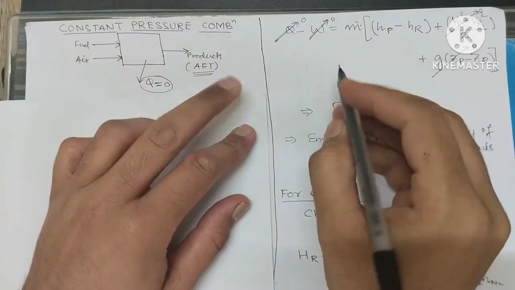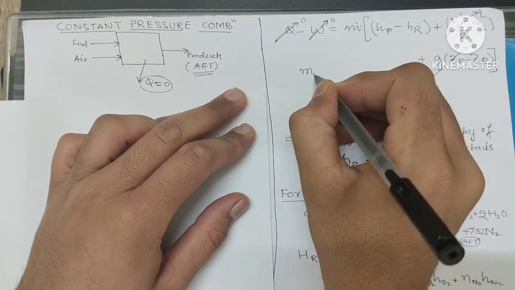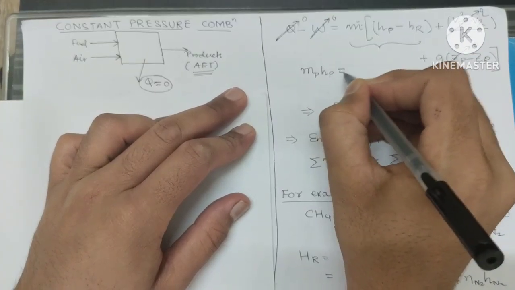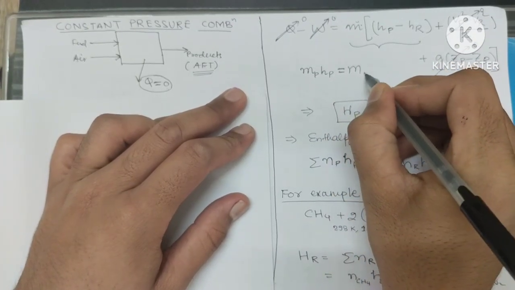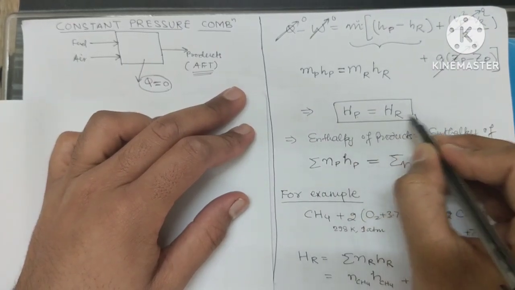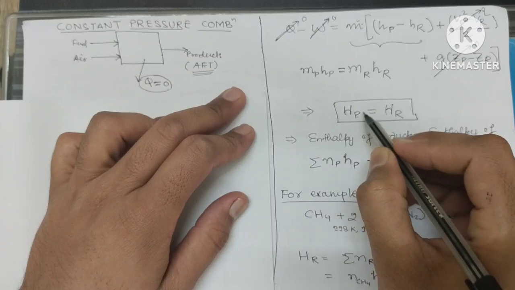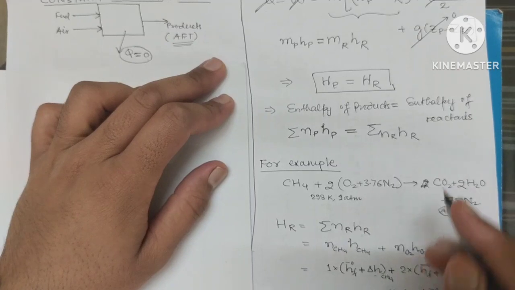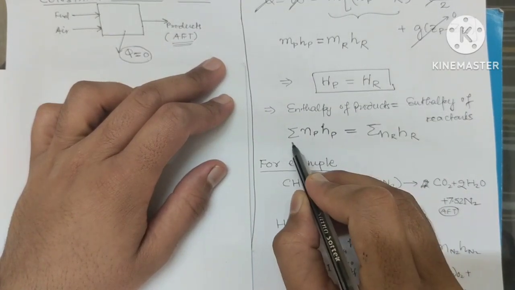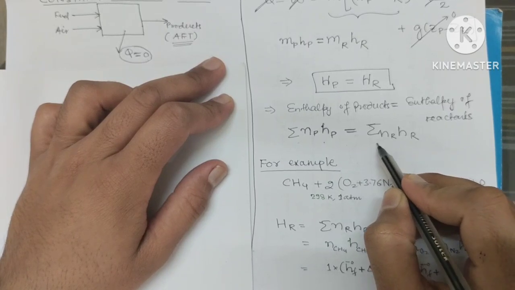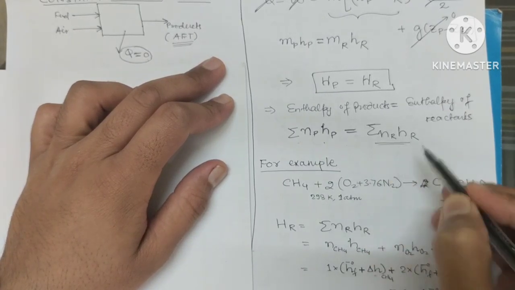So it means that from this equation, the total enthalpy of the product is equal to the total enthalpy of the reactant. So HP is equal to HR. This can be written as the summation over every species of product and every species of reactants.